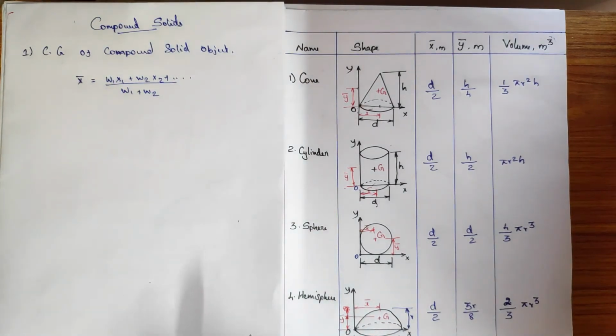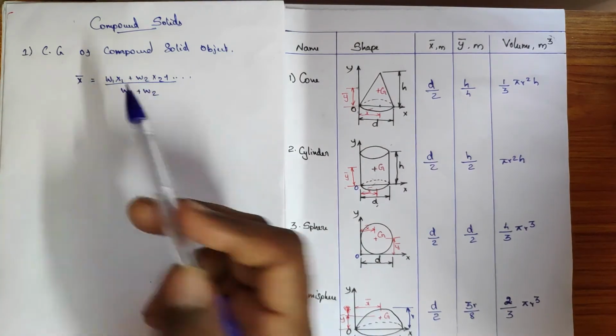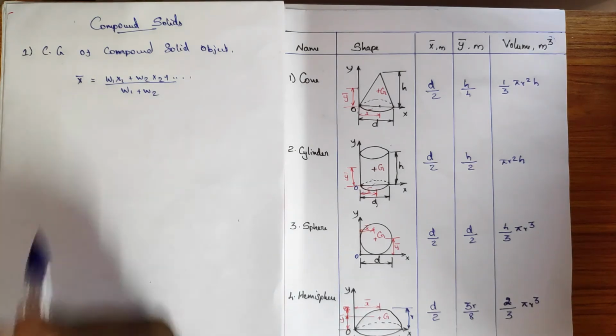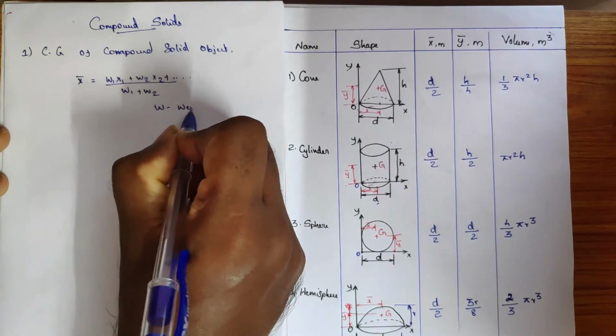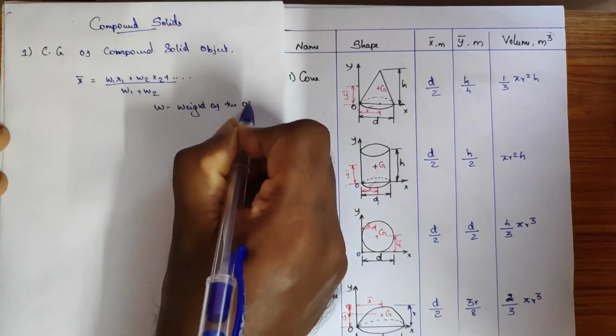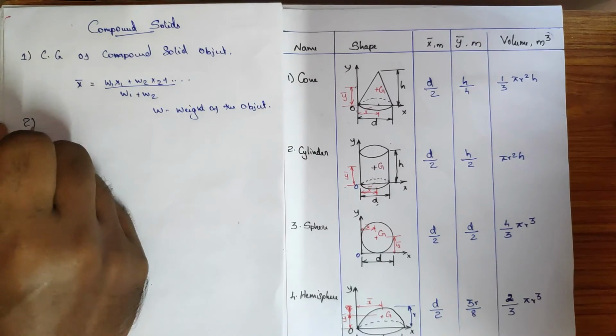Okay, it is also the sum of first moments of weight divided by the total weight. Its definition comes, right? Okay, so this W is nothing but the weight of the object.